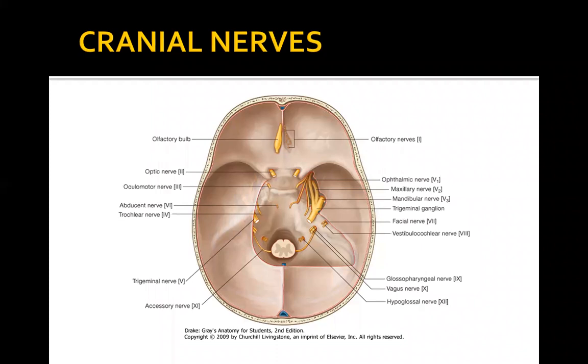Then the hypoglossal, which is the 12, has its own aperture it passes through, okay? It doesn't share with any other nerve. So that will be named after the nerve itself. So hypoglossal nerve passes through a canal, and therefore that canal is called a hypoglossal canal.